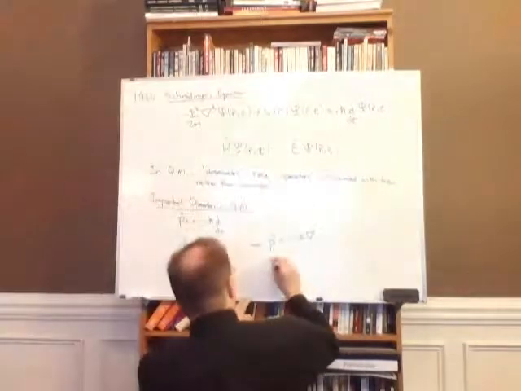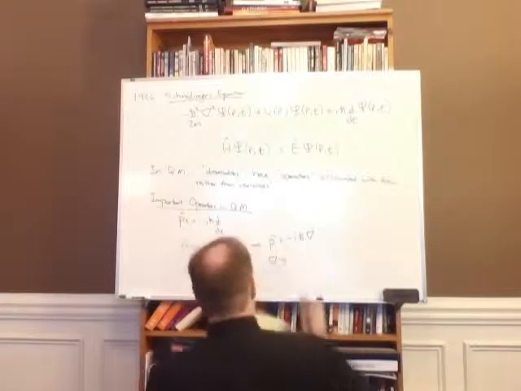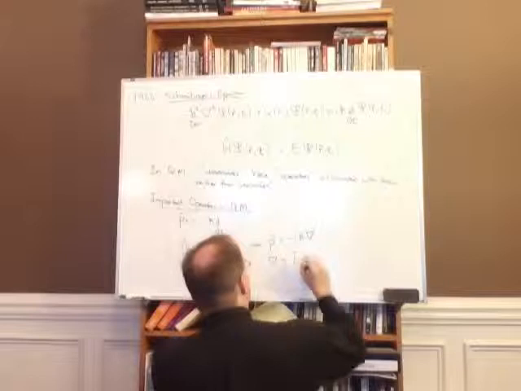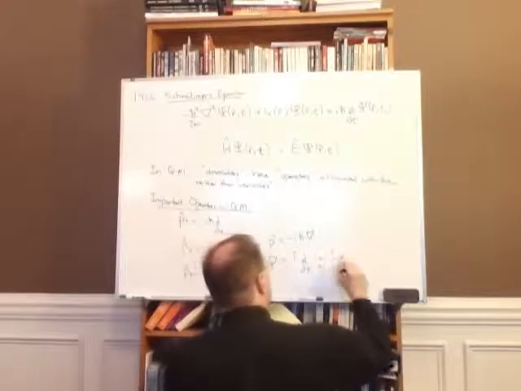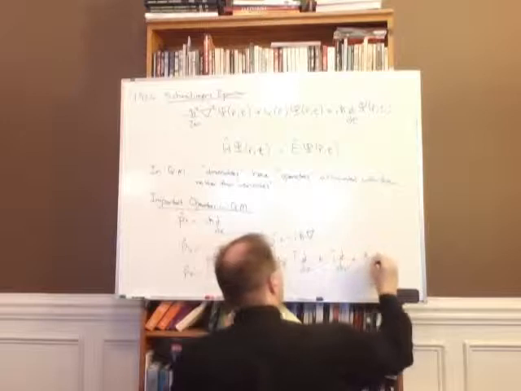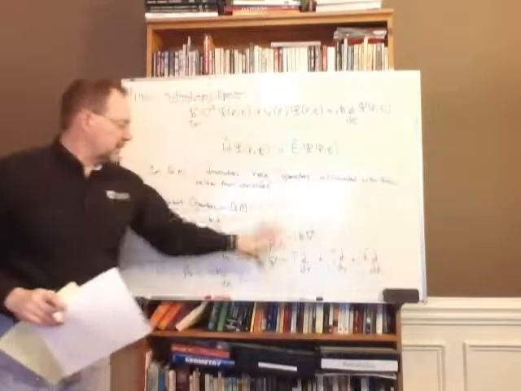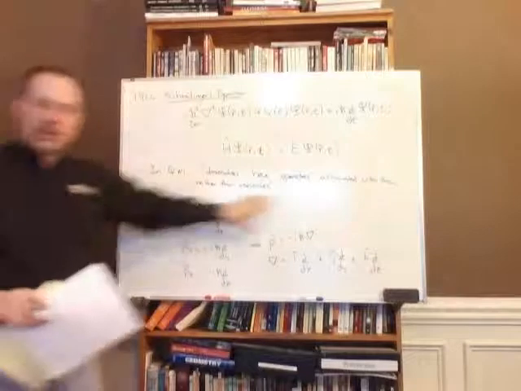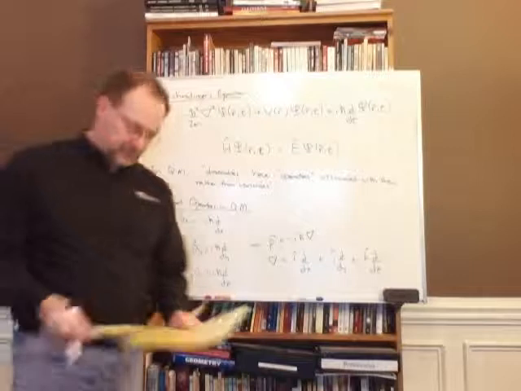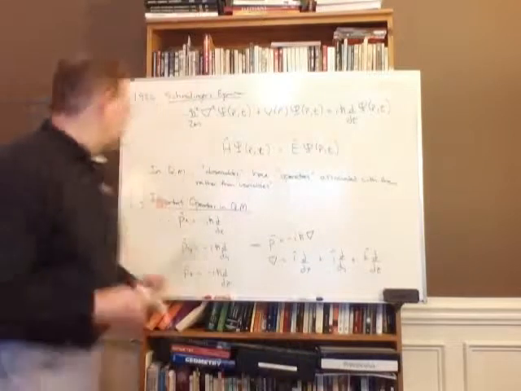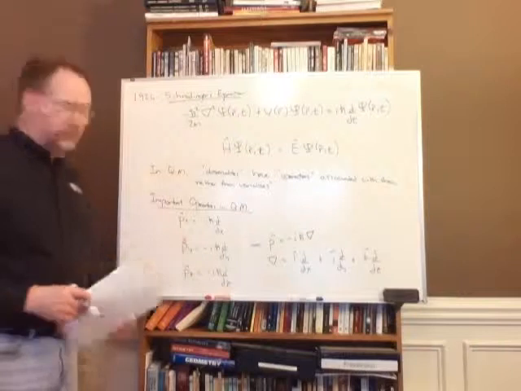And you recall that in Cartesian coordinates, the del operator is i hat partial with respect to x plus j hat partial with respect to y plus k hat partial with respect to z. So you can see that clearly these would be the components of our linear momentum operator. All right, so these are important operators in quantum mechanics.